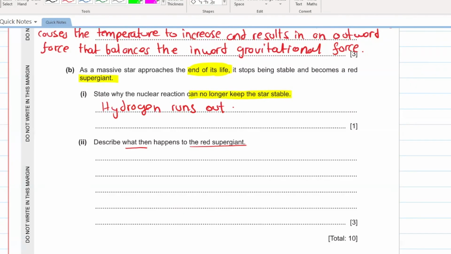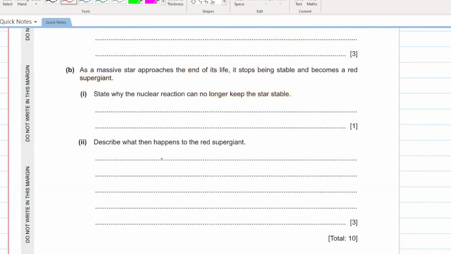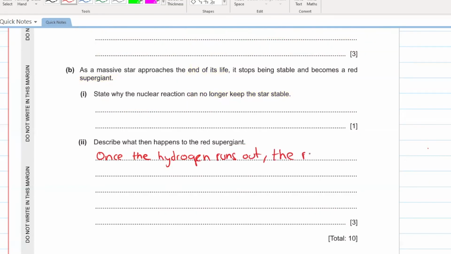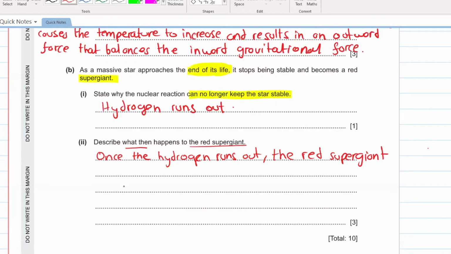I have written this multiple times in the notes. Once the hydrogen runs out, the red supergiant explodes and forms a supernova.